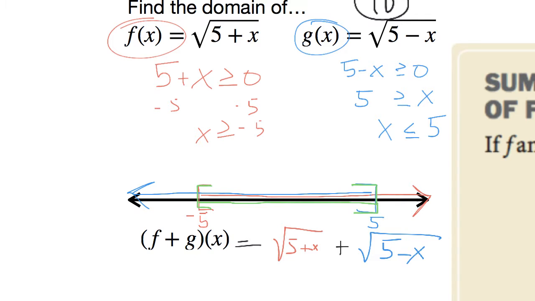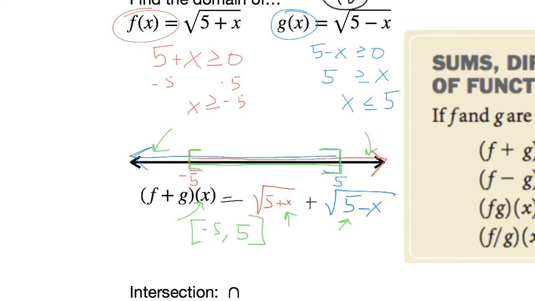So the domain for this total function is going to be from negative 5 to positive 5. If you try to put a number outside here or here into the function, then you're going to get a negative number somehow, either here or here.